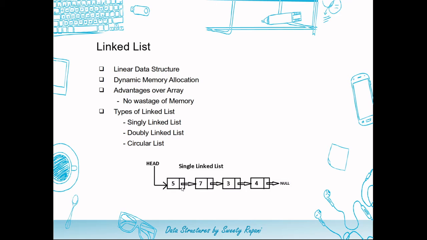An address would be a hexadecimal address, which would be the address of the next node, and that gets stored over here. So we can say it has an advantage over an array. In an array, we used to allocate the memory irrespective of how many blocks we are going to use. Whereas over here, we can allocate the memory and deallocate it as and when necessary in order to expand the list or in order to shrink the list.